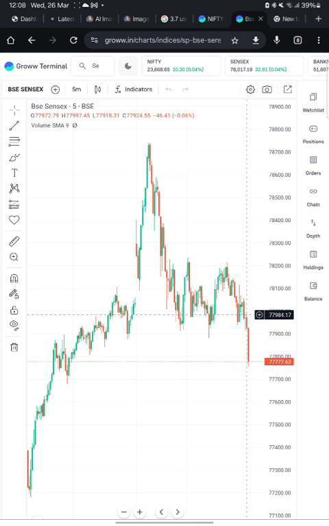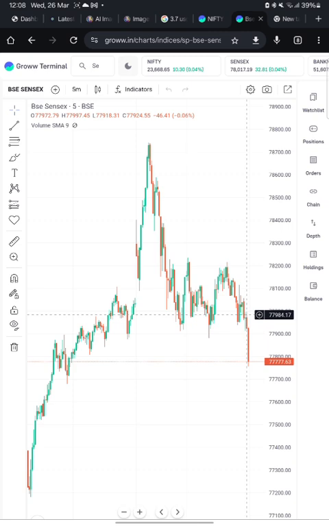Since the prices of all the stocks will be very low, only for Sensex it has expiry today, so Sensex stocks were so low, people will start buying lots of quantities. For example, if a stock is trading around 100 rupees every day and I only have 500 rupees, I can only get 5 stocks.